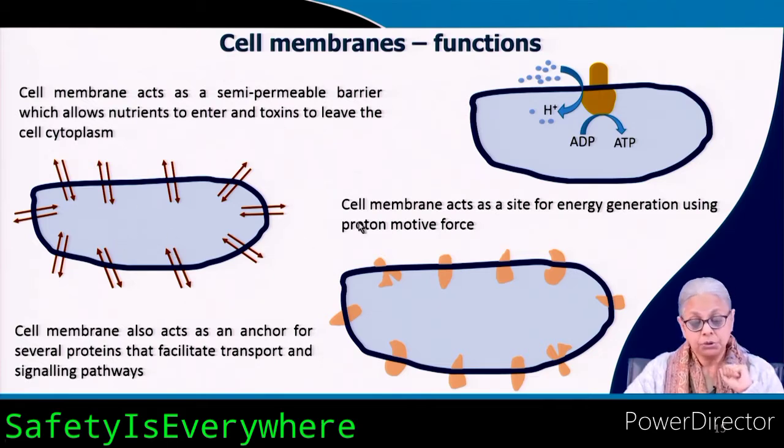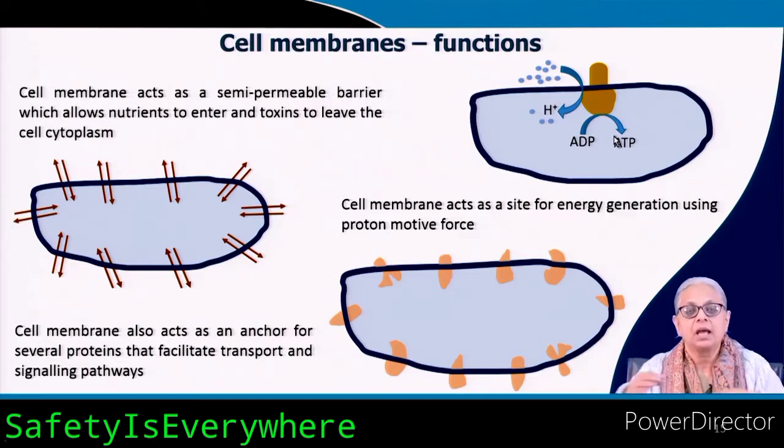I've already mentioned to you that it's the site for energy generation using the proton motive force. We will go into some detail about that in the subsequent lectures. Here we have ATP synthase, and this is the site at which ATP is generated, and to generate ATP you need a proton motive force. Just like your dry cell which has electron motive force, in the bacterial cell you have what is called a proton motive force.